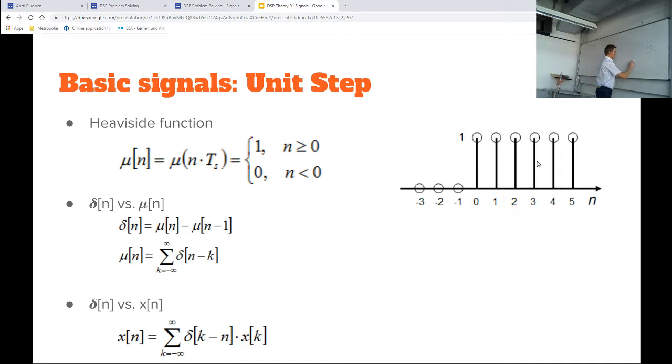Any signal, for example, something like this, you can separate each of these points and do whatever you need to do for each point separately. It's the superposition principle. It requires that the system is linear though, but anyway.